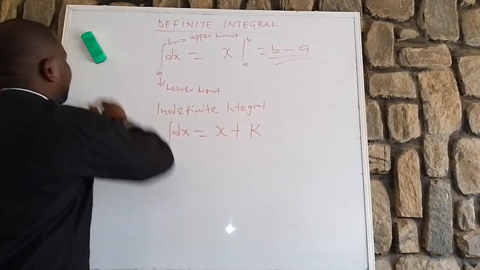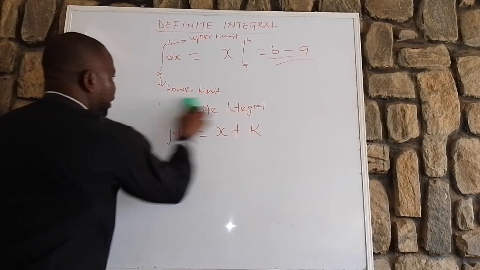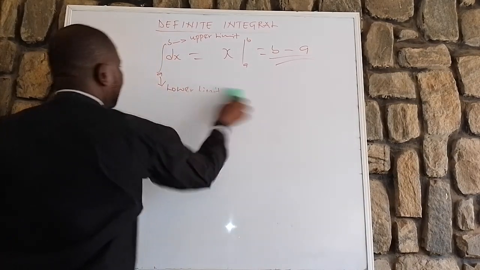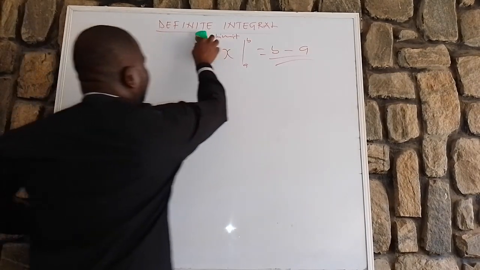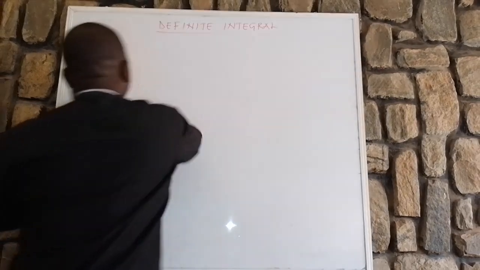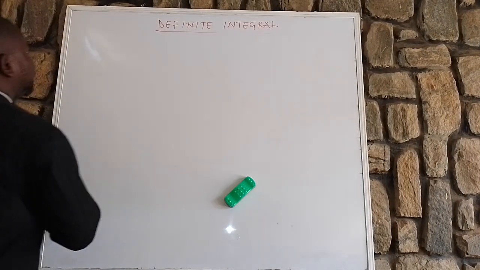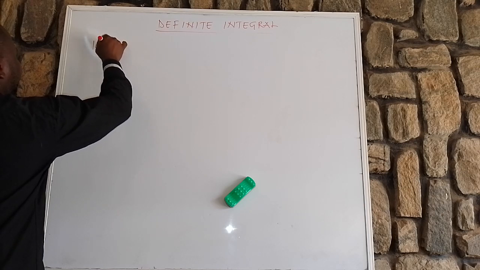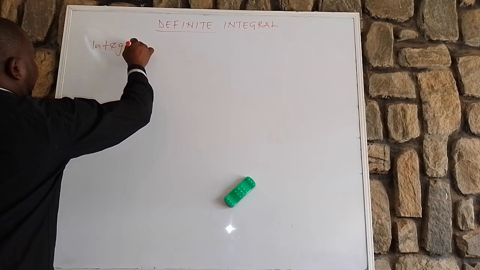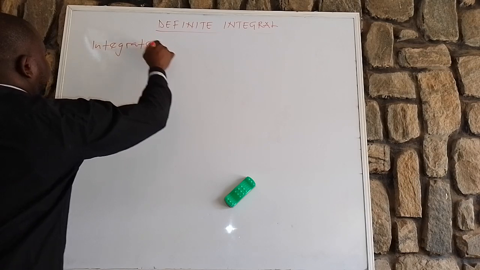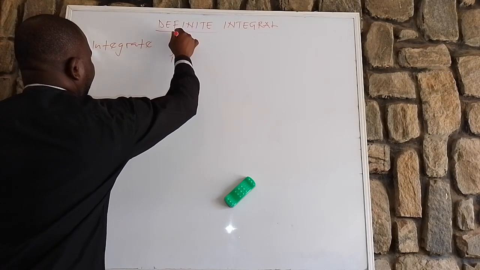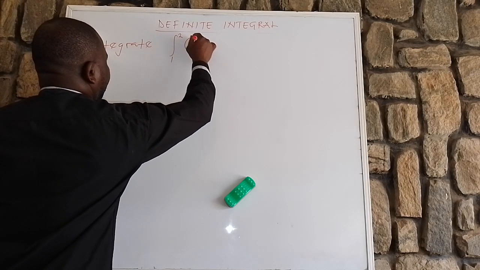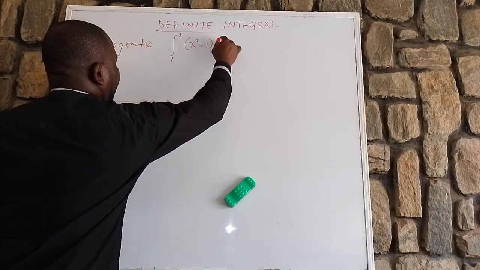Okay, so now let's consider an example. Let us quickly look at one example. Integrate the integral from 1 to 2 of x squared minus 1 dx.